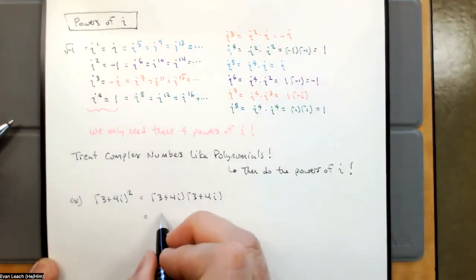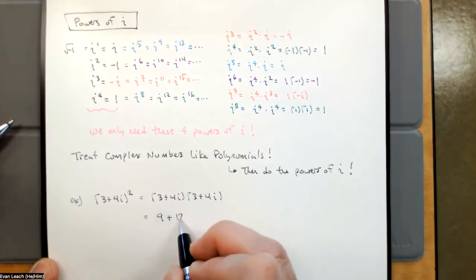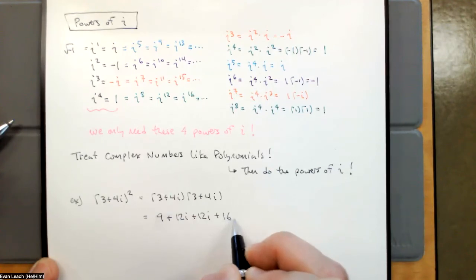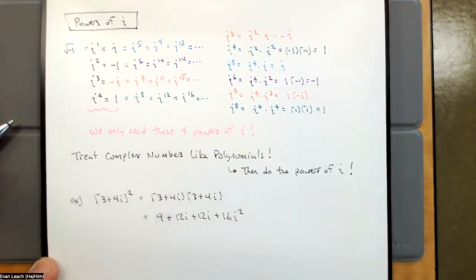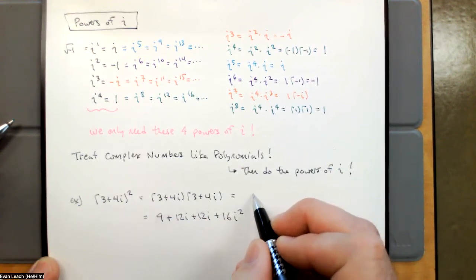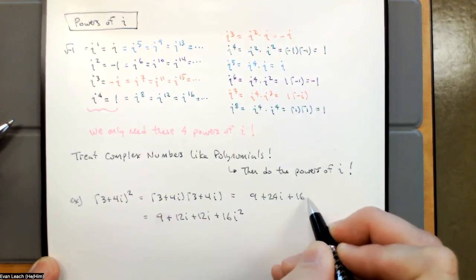Wait, no, 9. 9 plus 12i plus another 12i plus 16i squared. Or we might just remember how to square a polynomial and go directly to 9 plus 24i plus 16i squared.